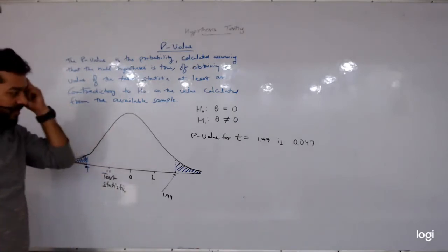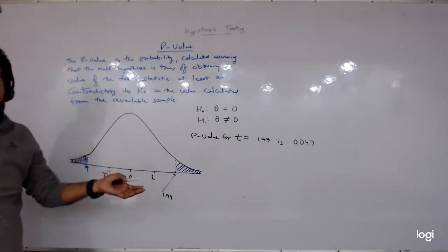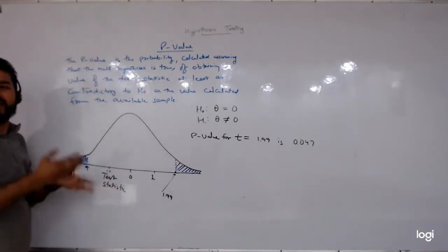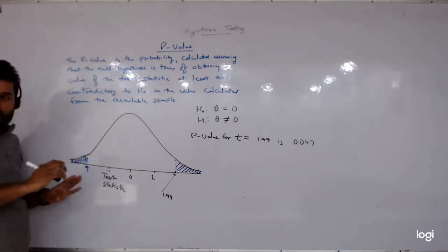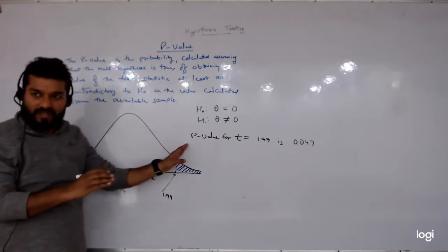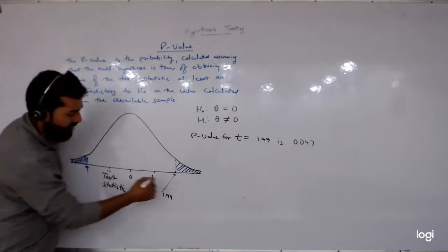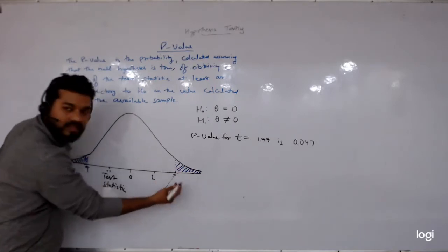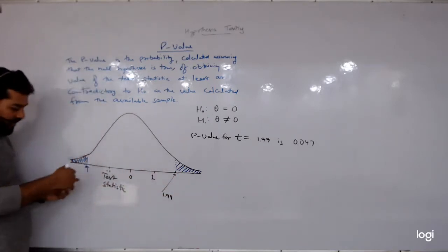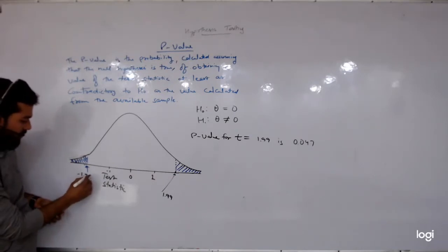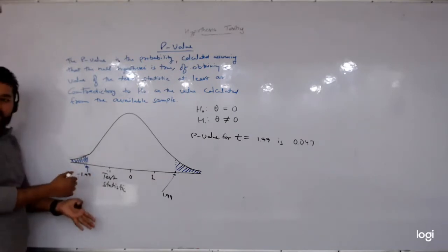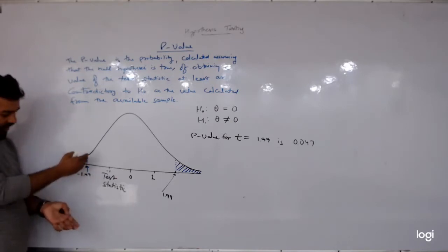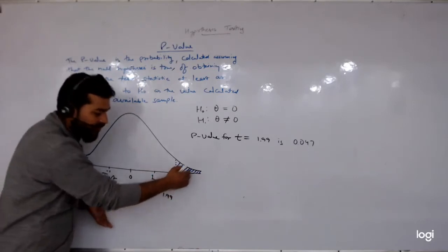So how do we calculate the probability value for t? We know the distribution, and it's a standard distribution. There would be a standardized table for that. All we need to know is the area to the right of this, and because it's standard normal, combined, the area of having values less than minus 1.99 and more than 1.99.